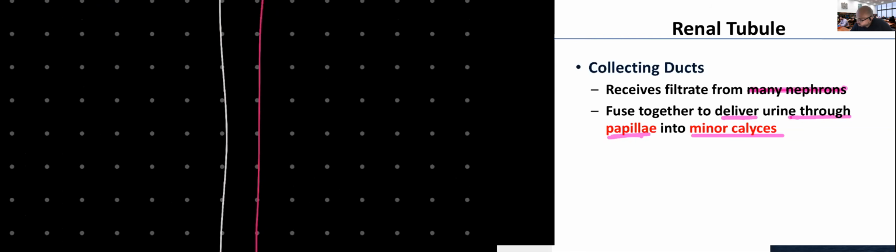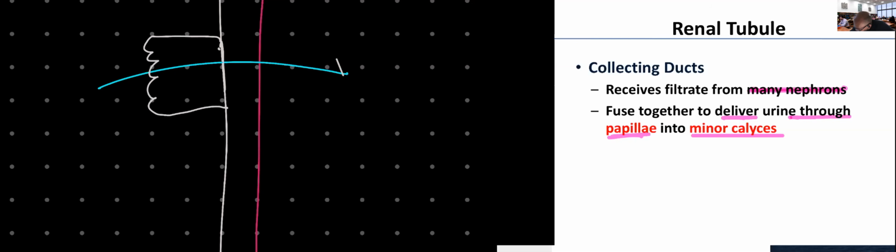So in order for me to absorb, what do I need? I need to travel through a cell, like this. The cells lining my membrane are going to be connected to the fluid on this side and the fluid on this side. So I have two sides.